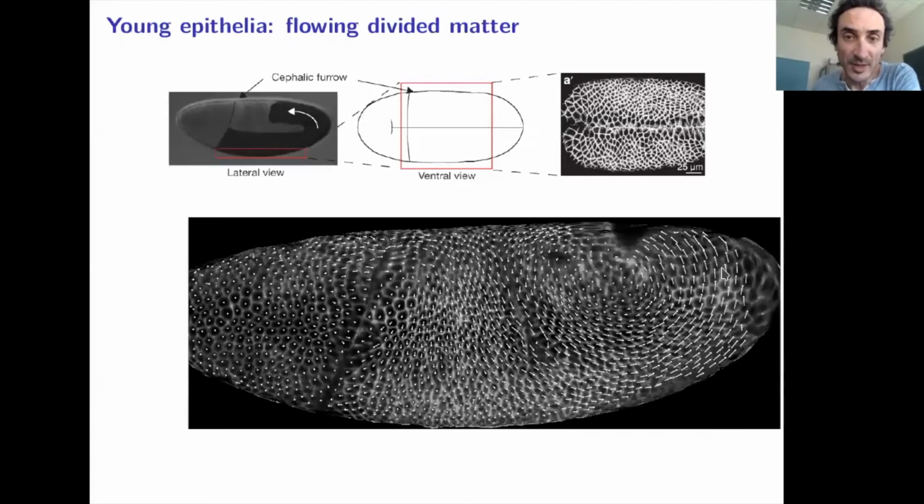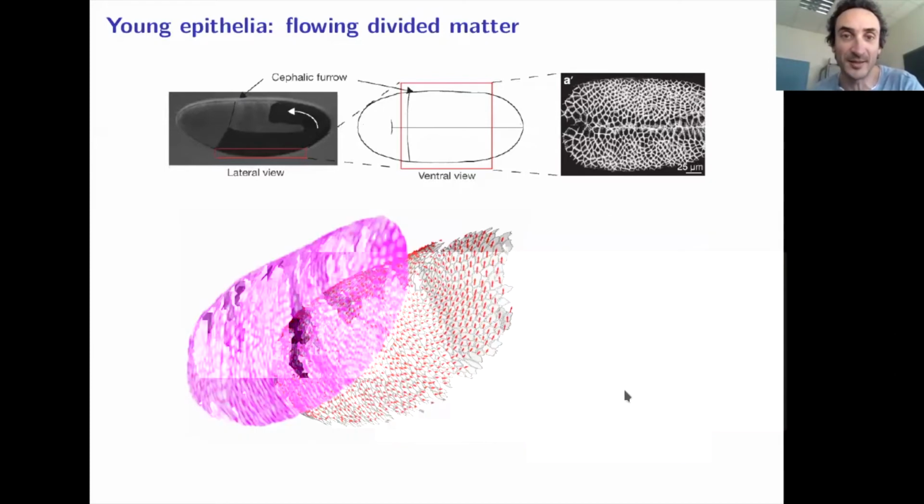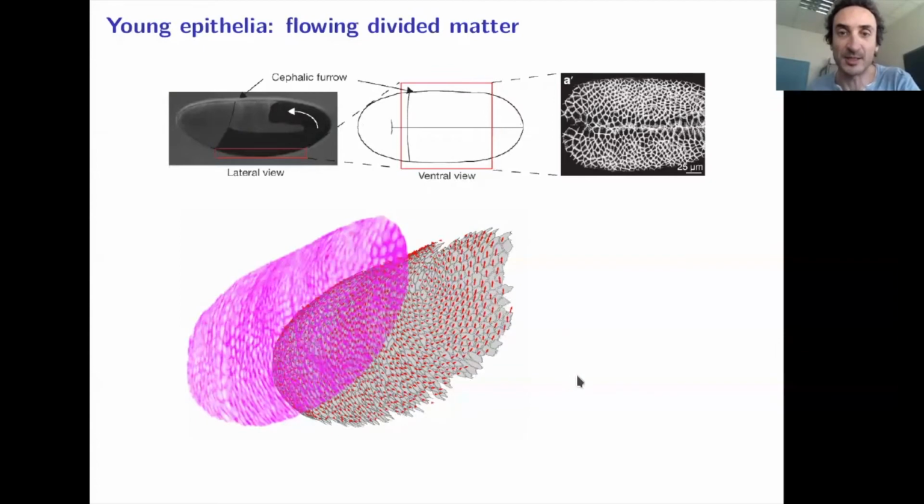And so this allows to have maps of the velocities, and this is very interesting to do some mechanics on this tissue. And you see actually it's 3D, so they can image with the laser sheet microscopy. That's just for really the cheek of the Drosophila, so just this part here. But you see the curvature of that and how this is transformed into cells of which we have the motion.